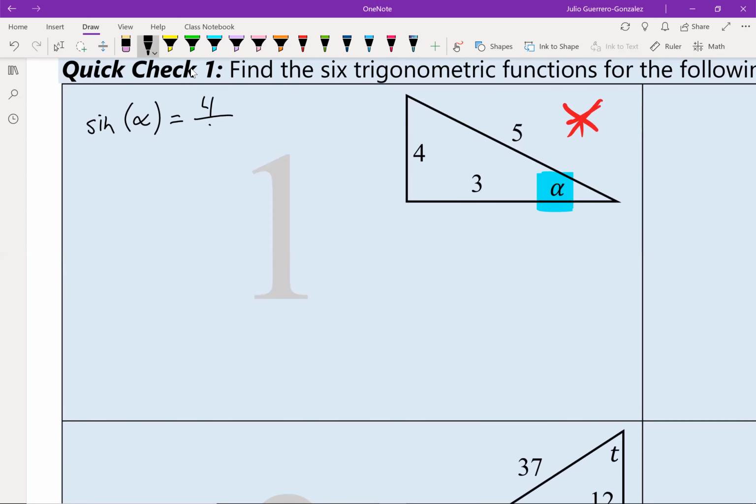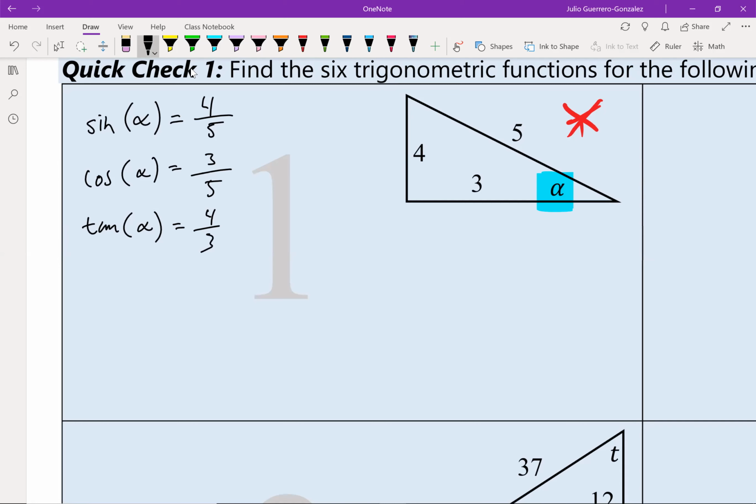My adjacent is 3. No, sorry. Over hypotenuse, 5. Cosine of alpha is adjacent over hypotenuse, so that's going to be 3 over 5. And then my tangent of alpha is the opposite over adjacent, which is 4 over 3. So those are the big ones, because the rest we know is the flips of these 3 right here.